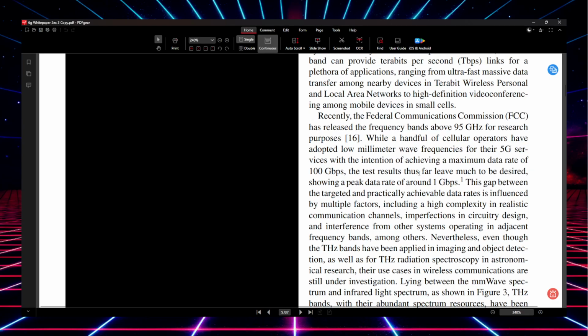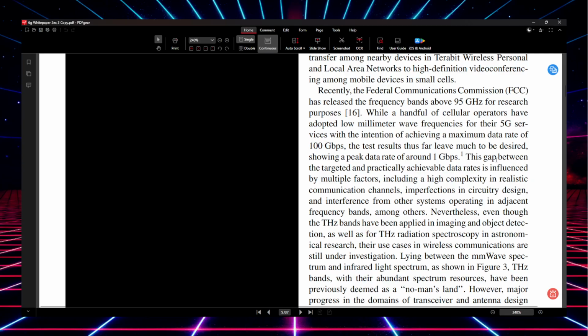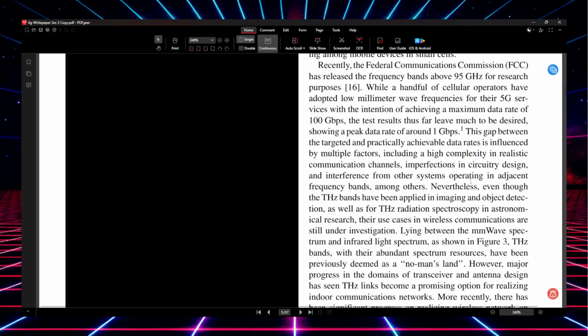The test results thus far leave much to be desired, showing a peak data rate of around 1 gigabit per second. This gap between the targeted and practically achievable data rates is influenced by multiple factors, including a high complexity and realistic communication channels, imperfections in circuitry design, and interference from other systems operating in adjacent frequency bands, among others.